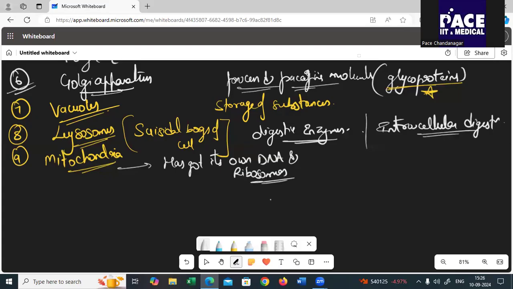In case the power is not available with it, how does it work? So it has its own DNA and ribosomes, and ribosomes are nothing but your protein synthesizing sites. Proteins are synthesized there, thereby liberating your energy. And this is responsible for cellular respiration. Energy is always linked with respiration, isn't it? Respiration is nothing but combustion in physical terms, whereas we say respiration in biological terms.